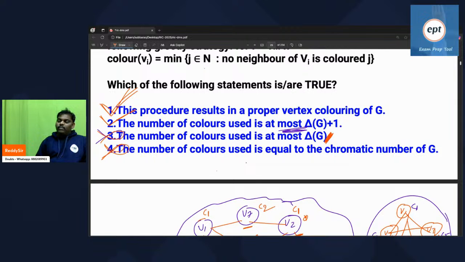The chromatic number may actually be 3, but if you follow this algorithm, you may sometimes get 4. That is the reason there is no algorithm.